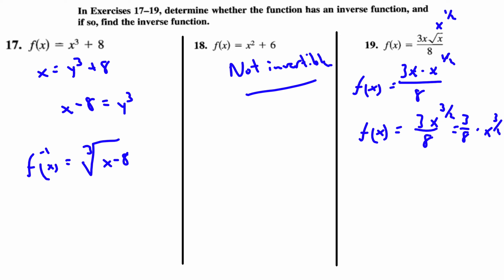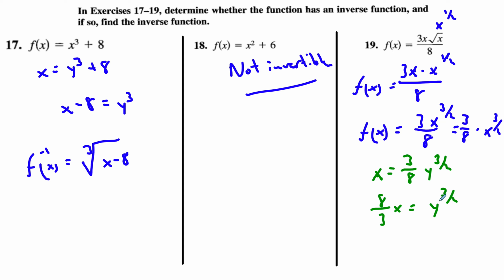Here's why this is important. When we reverse this, so we get x equals 3/8 y to the 3/2, it's pretty obvious that we multiply by 8/3, that is divide by 3/8, and that gets rid of that. How do we undo this? Remember, this is the square root over 2 of y cubed.